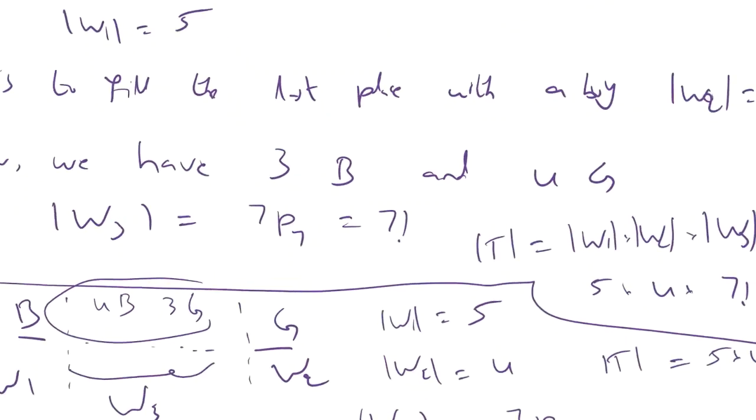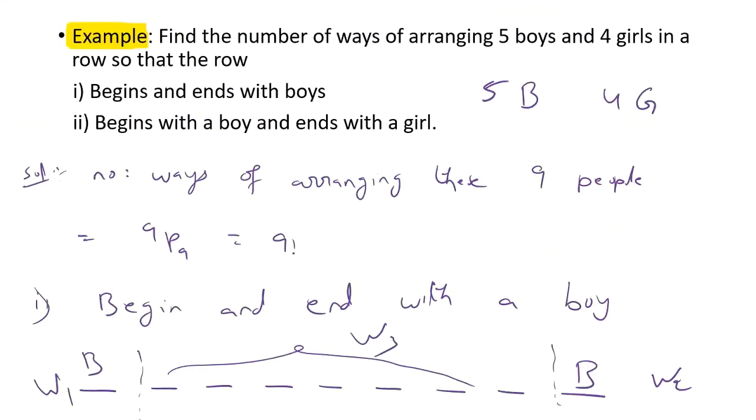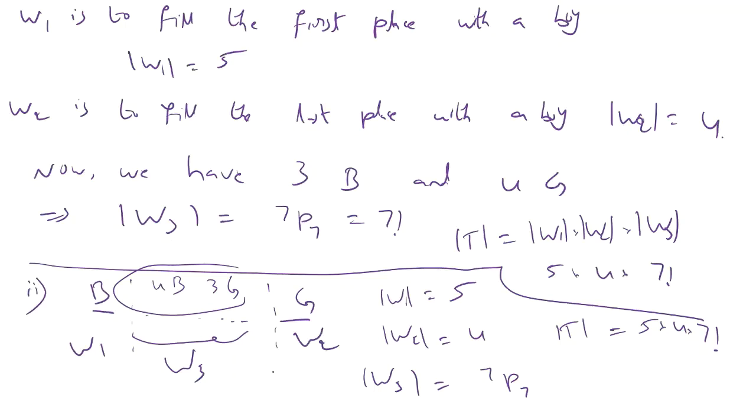So all that you have to understand from this example is to implement the constraints. In the first part, we have to begin the row with a boy and end the row with a boy. In the second part, we have to begin the row with a boy and end the row with a girl.